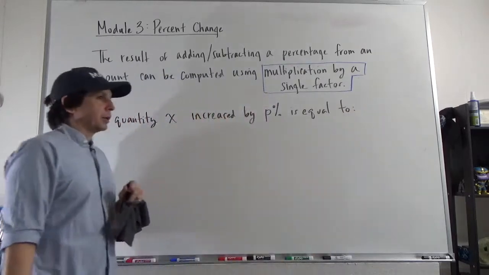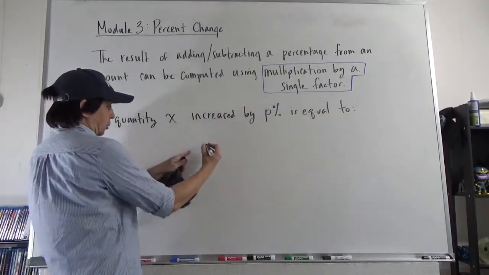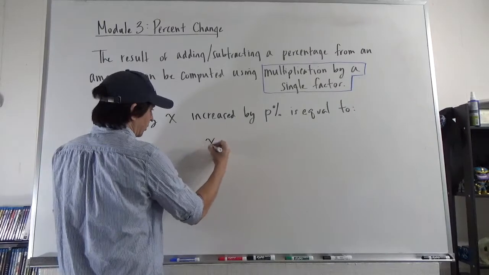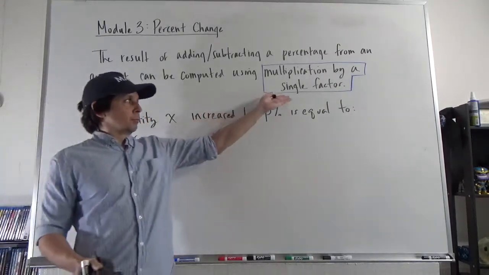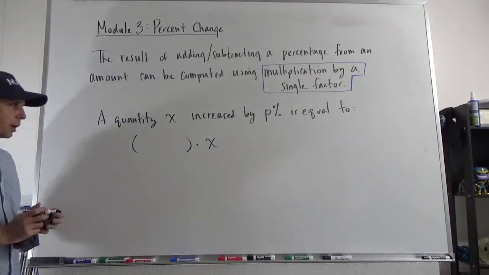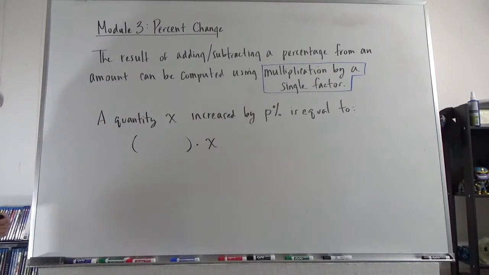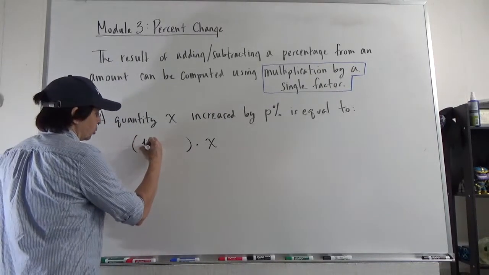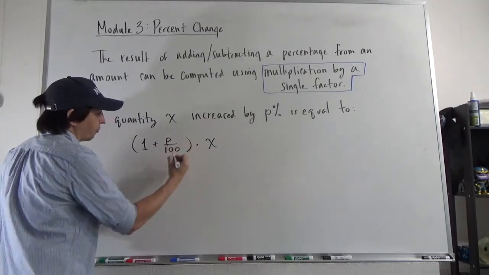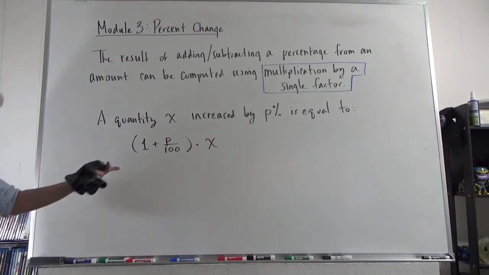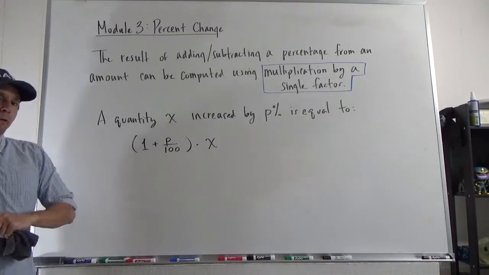Okay, so whatever that quantity is, that's your X. I'm going to put it here on the right, and then we're going to put the factor in front of it. So there's going to be a single factor here, referred to in that phrase right there, that we're going to get by using 1 plus P over 100. That is that single factor. It'll require us to add to 1 some decimal form of a percent.